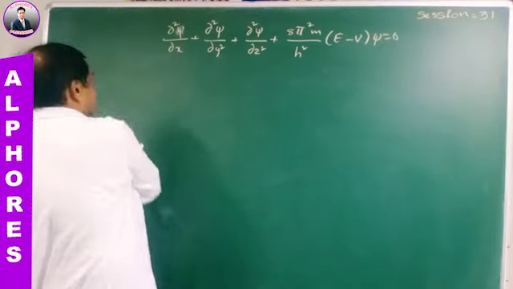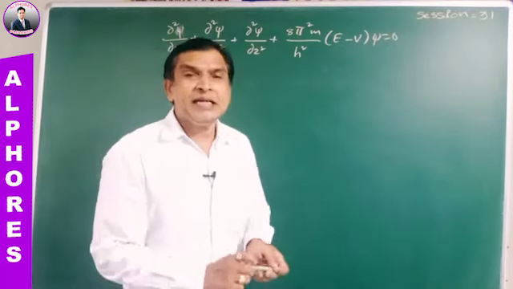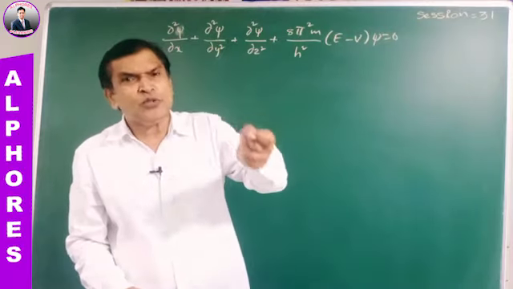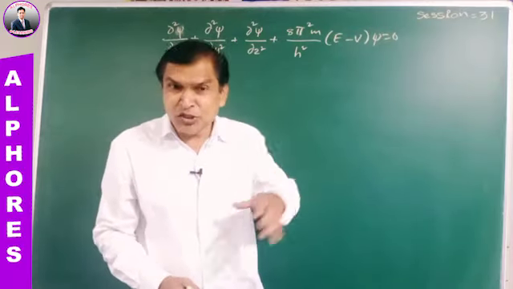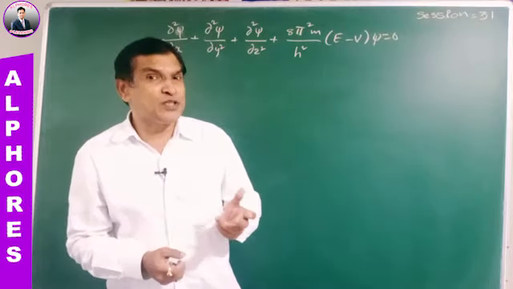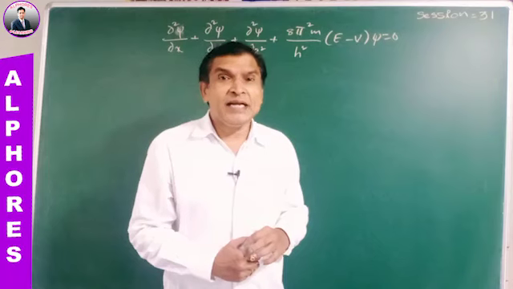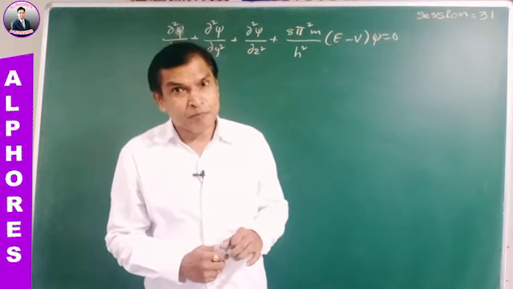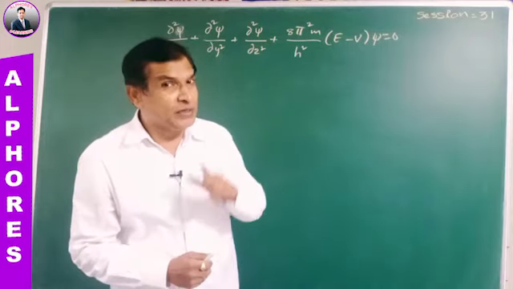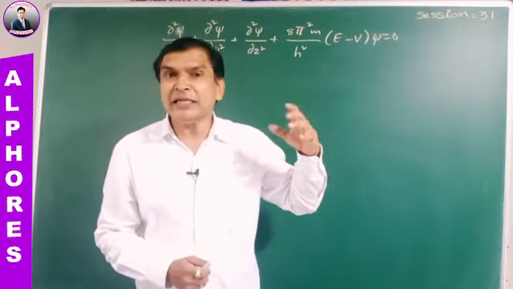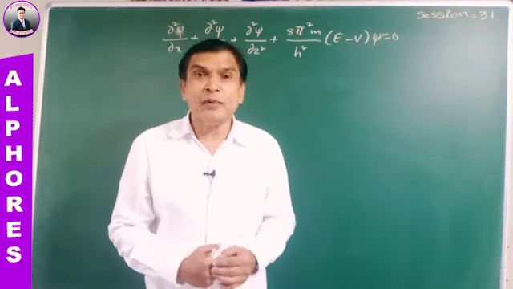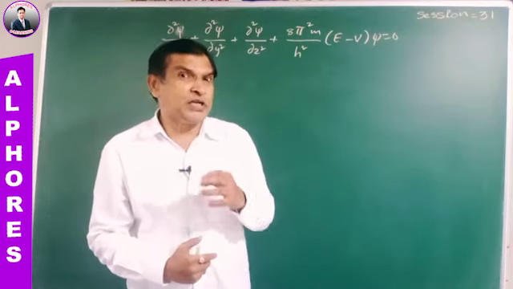Then radial probability. The radial probability is the infinitely small volume around the nucleus where the density of the electron wave is maximum, or the probability of finding electron is maximum. That is called radial probability or density function, D function.